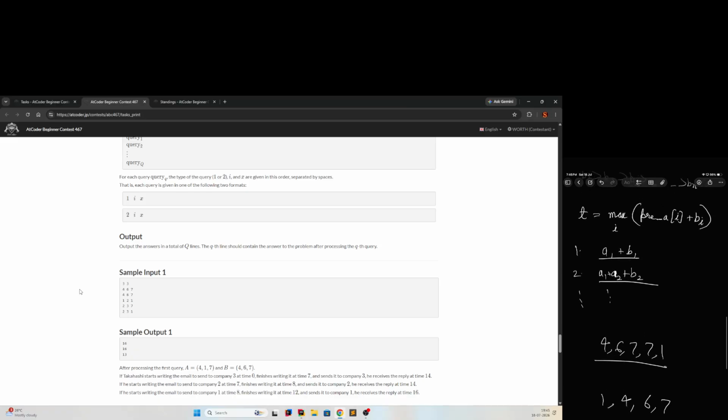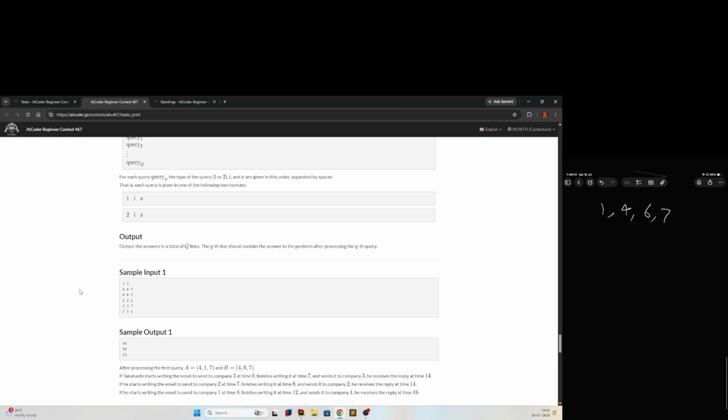Another observation from this part is that if we have A1, A2, B1, B2, and B1 is equal to B2, then I can convert it into a single entry of A1 plus A2 with B1. This is true because if we first write this one, it will take A1 plus B1 time for response.